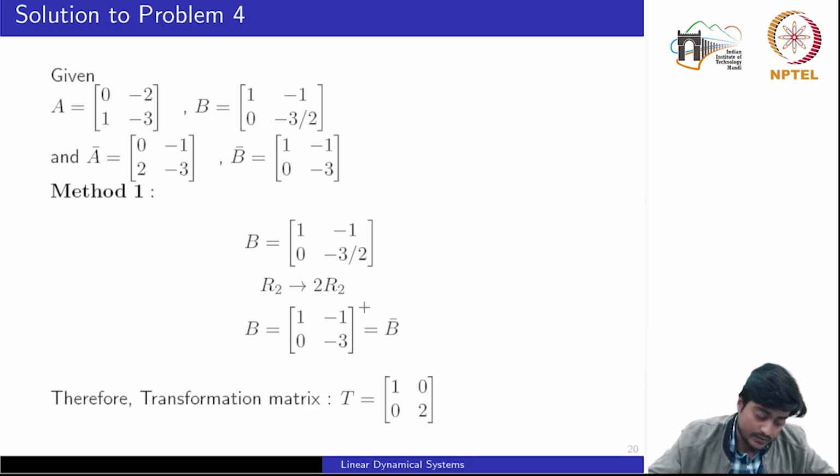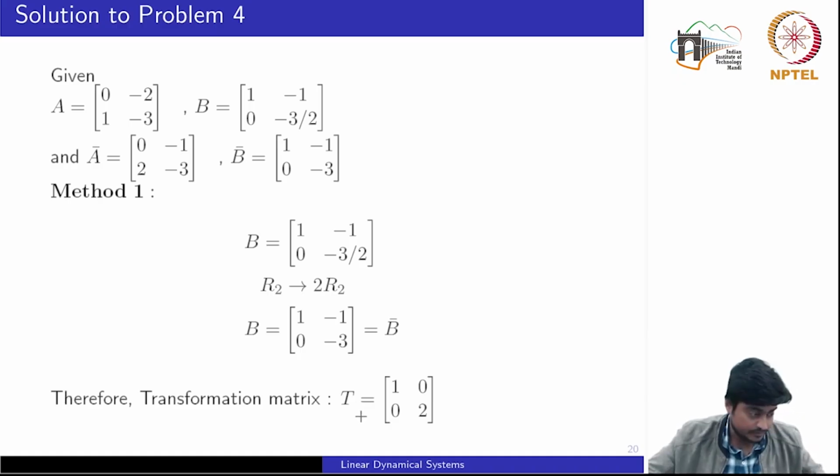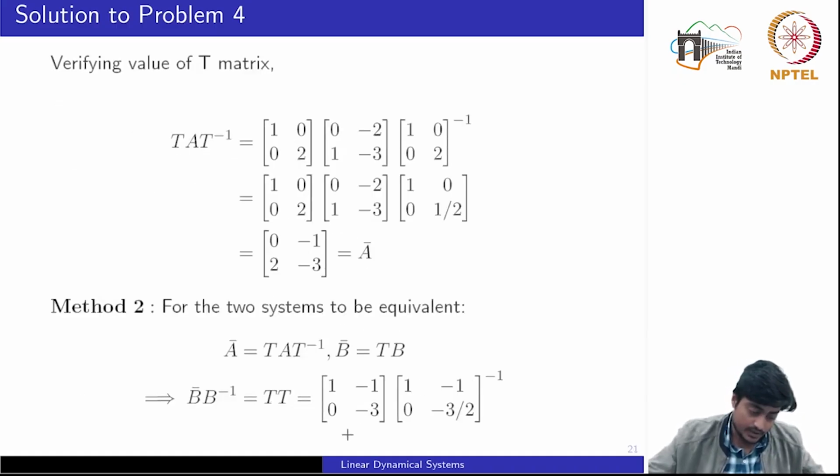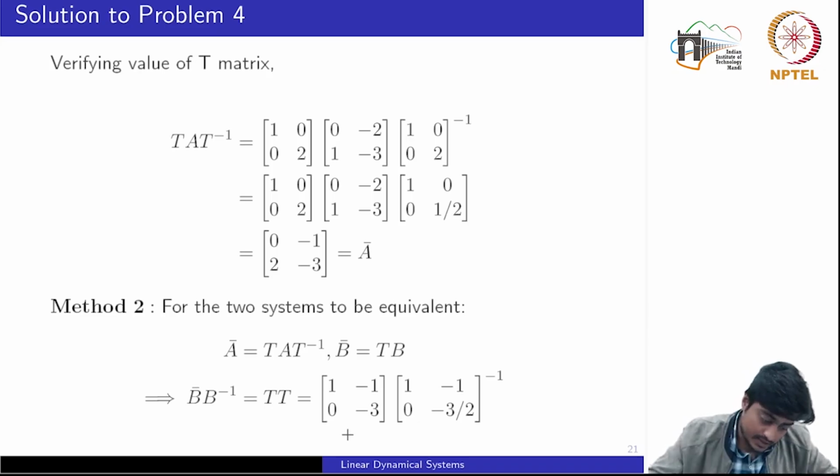Okay. You can also verify whether the transformation relation between the A and A bar matrices is also satisfied for this transformation matrix. So this is done in this slide here, where we have taken the same T matrix multiplied by A, T inverse should be equal to A bar.